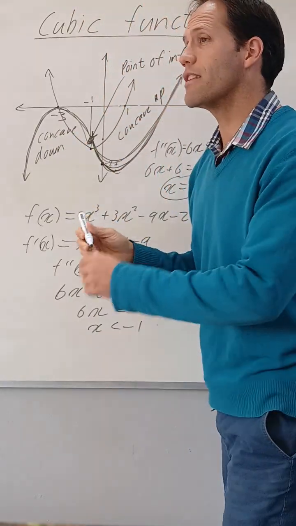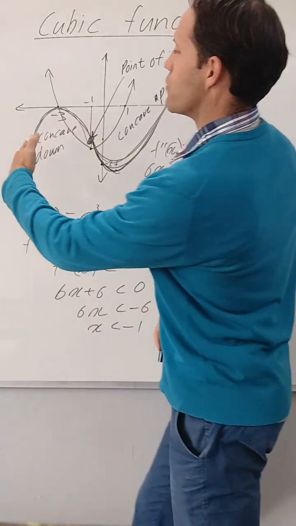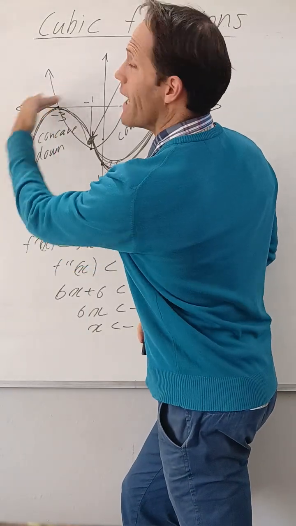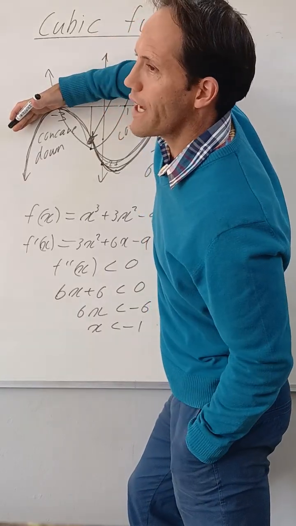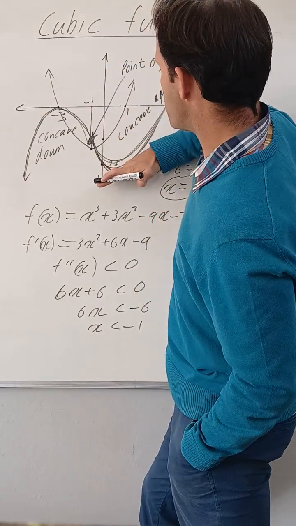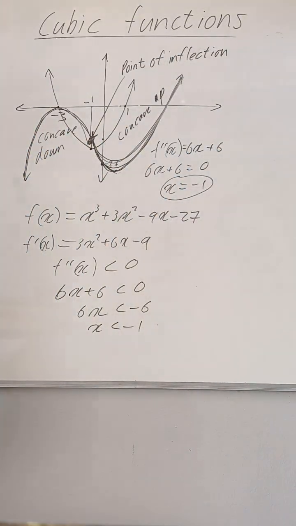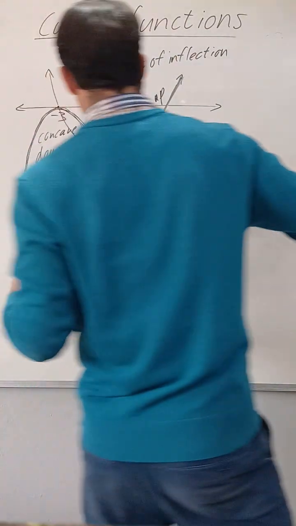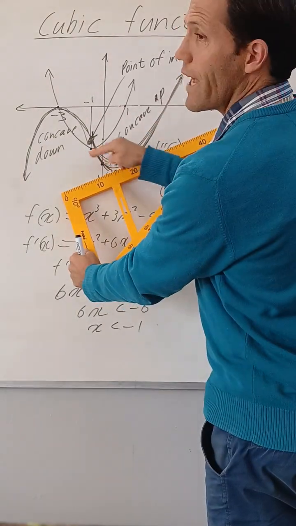Another way to test it, this is the last way to test it, is when the tangent is above the graph. If my tangent is above the graph, then it's always concave down. If the tangent is below the graph, it's concave up. So if you take a ruler and you put it on the graph and it's below the graph, then you know this part is concave up.